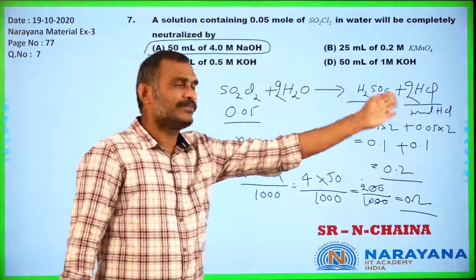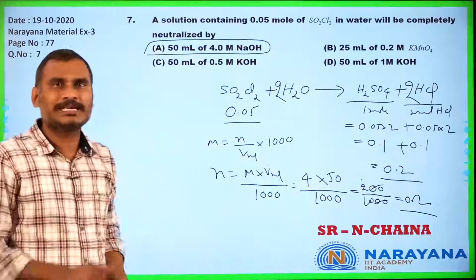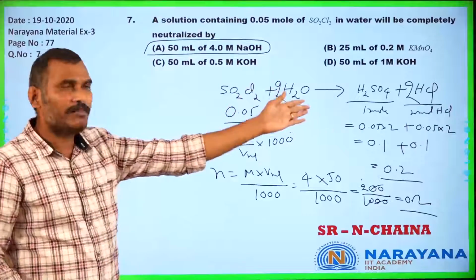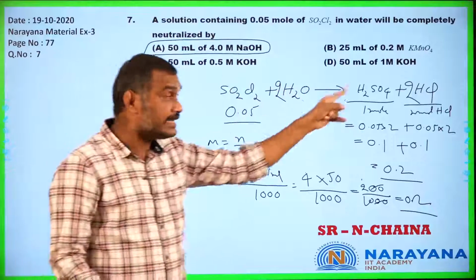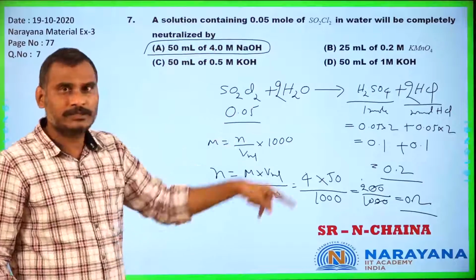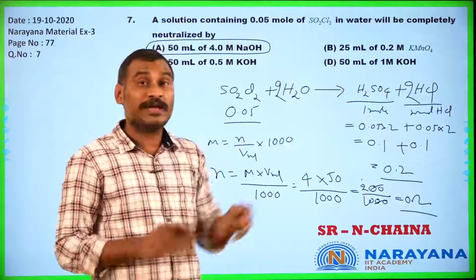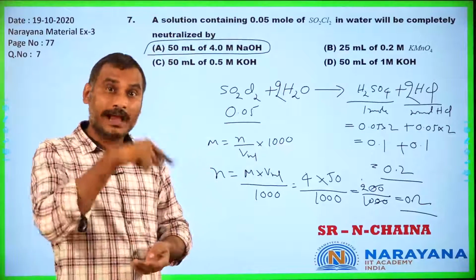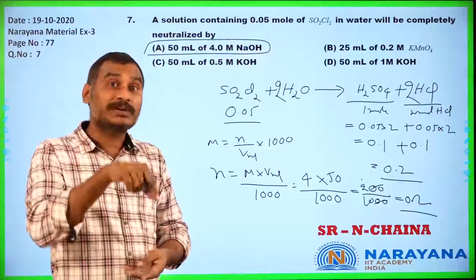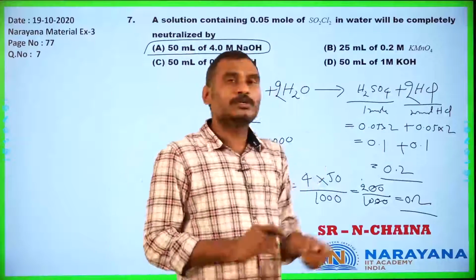The number of moles of acid given is 0.2. So both numbers of moles are the same. I have calculated the number of moles of H plus and the number of moles of OH minus. 0.05 SO2Cl2 gives 0.05 H2SO4, but I have calculated the number of moles of H plus, that is 2 into 0.05. 0.05 gives 2 moles of HCl.